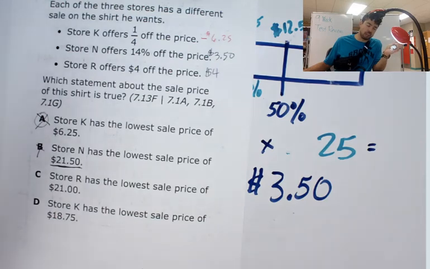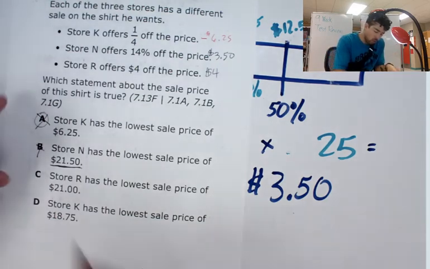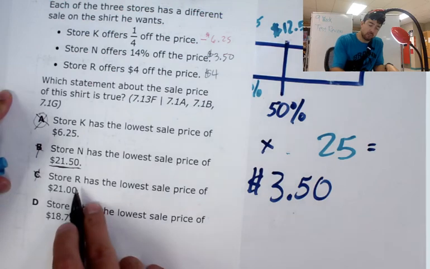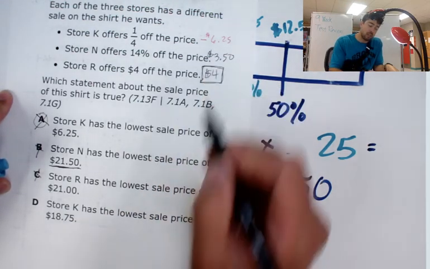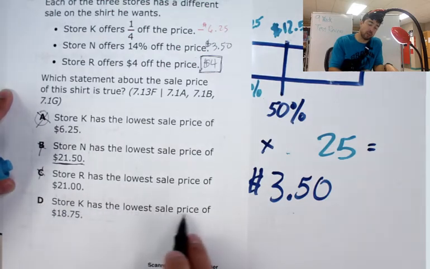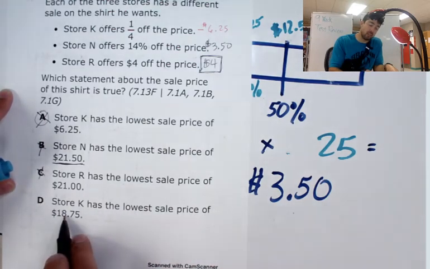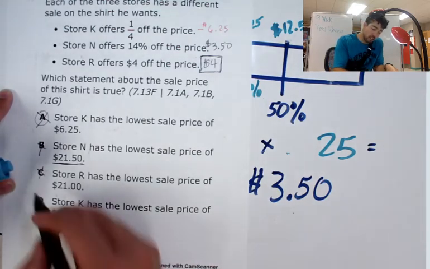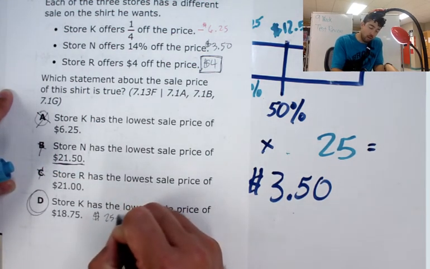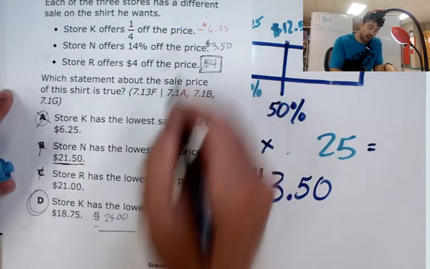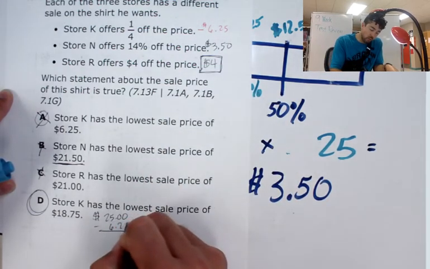Is that true? No. Because $4 off is not the cheapest. It's not the lowest sale price. D, store K has the lowest sale price of $18.75. Is that true? Yes, because the total price was $25, and if I subtract that 6.25, we get 18.75.